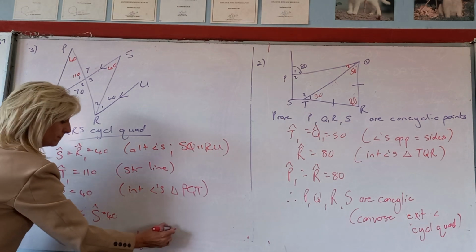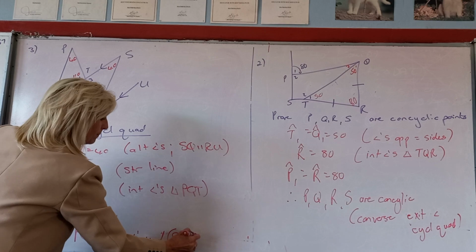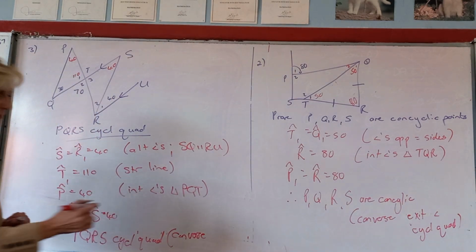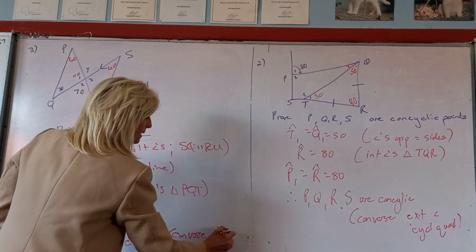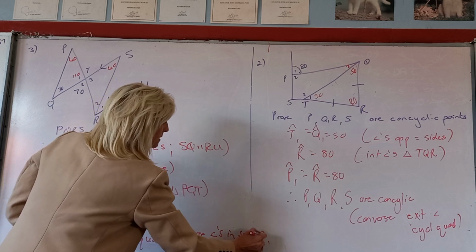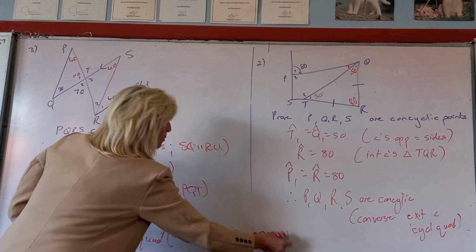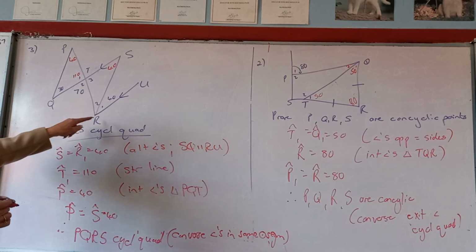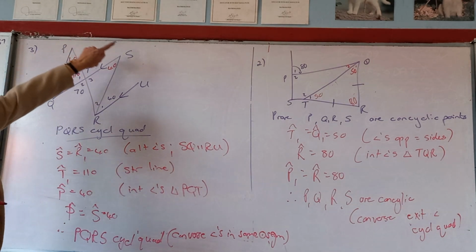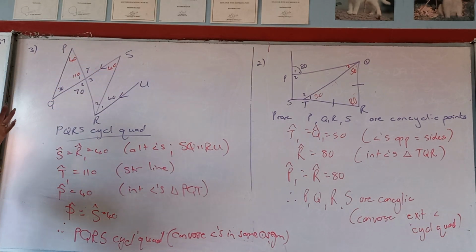What's the reason? Converse of angles in the same circle segment. So there would have been a circle drawn through P and Q and R and S. I wouldn't be able to draw it, but that would have been the solution.